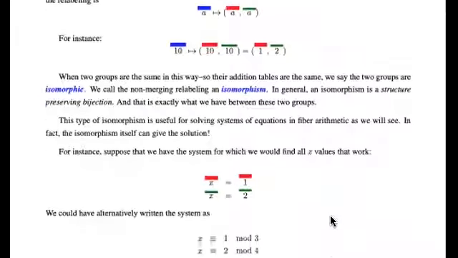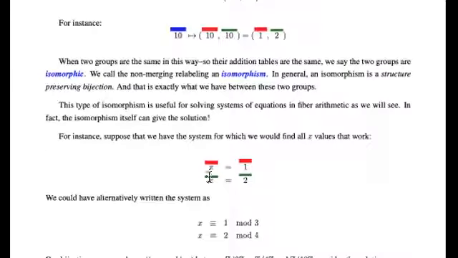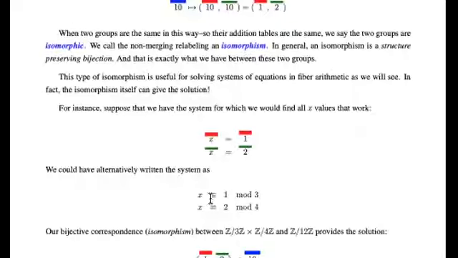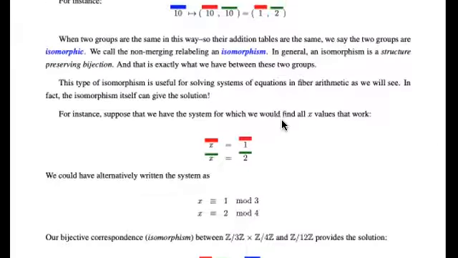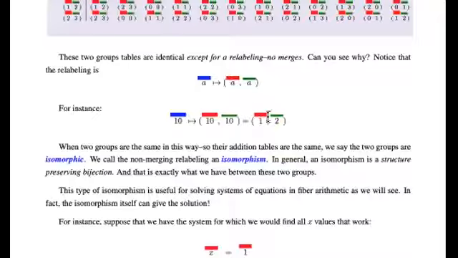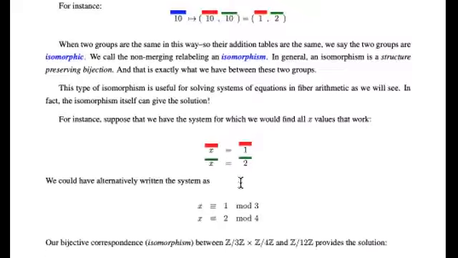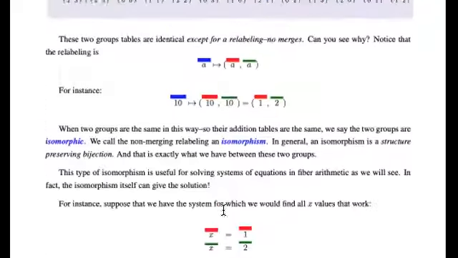So let's suppose we have a system of congruences that looks like this. X is congruent to 1 mod 3, X is congruent to 2 mod 4. You could have rewritten it like this. And then you want to figure out what value of X will give it to you. Well, pretty much you just have to reverse this isomorphism. So in the actual equation, we have a 1 and 2 showing up, this 1 and 2.